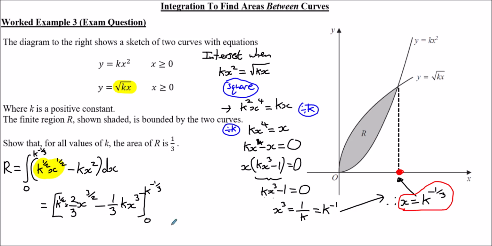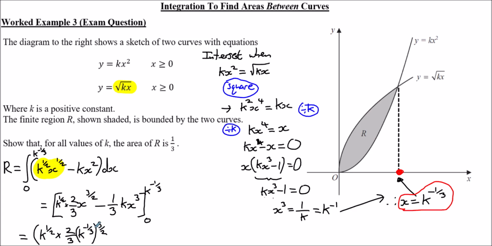So it might be slightly messy, but it should drop out okay. So if we just input this now, the upper limit, k to the half, is just going to be k to the 1/2 times 2/3. Now if I put in here x being k to the minus 1/3, to the power 3 over 2, that's actually going to give me a power of a power conundrum here.